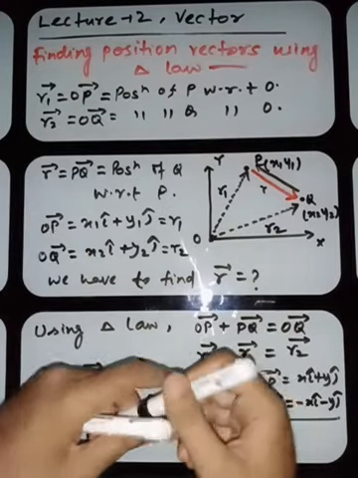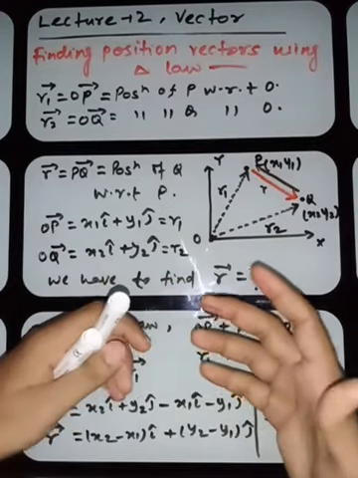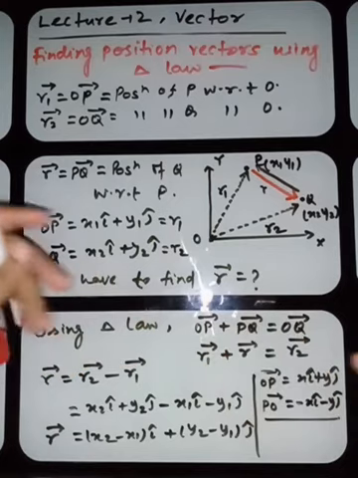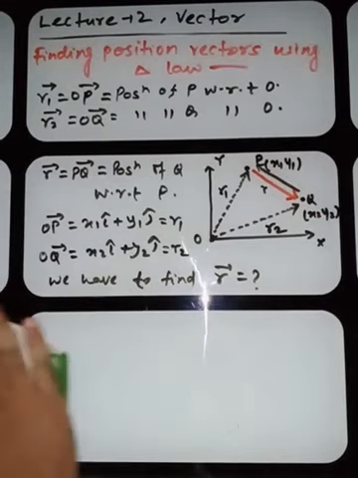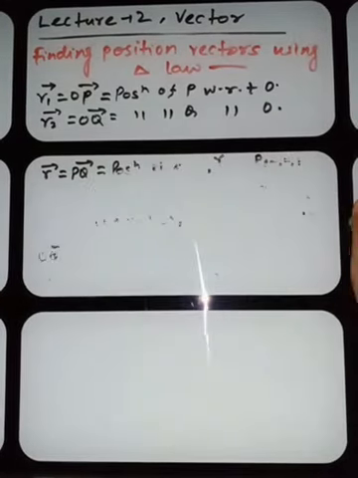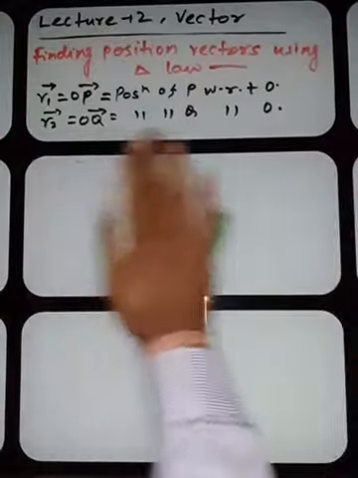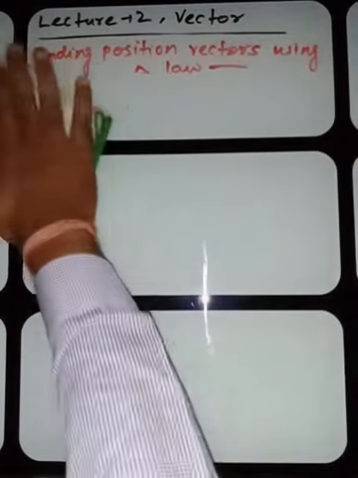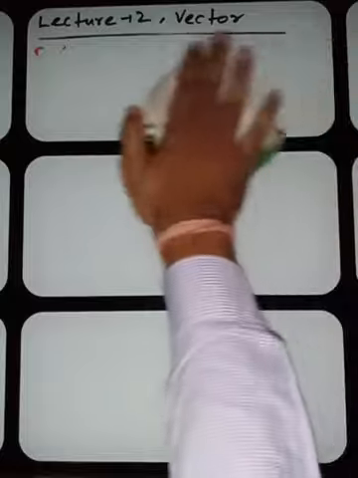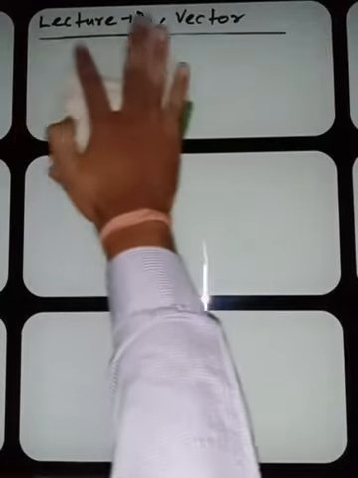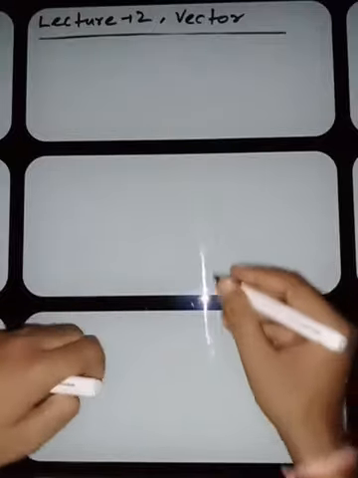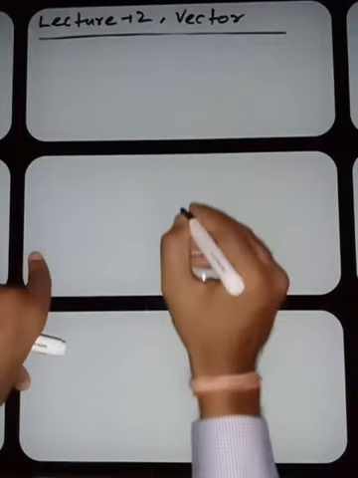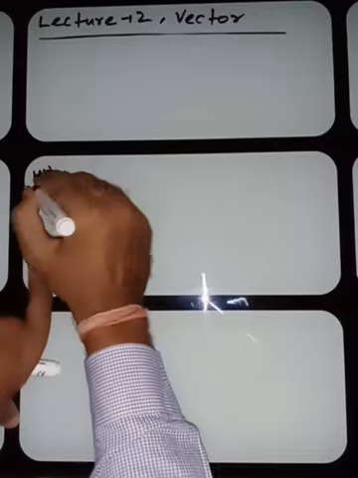Now I'm giving you a very simple question and we'll conclude today's lecture. I hope you understand how to find the position vector. We'll start the next lecture with this topic, with a few more questions. Here is your homework.